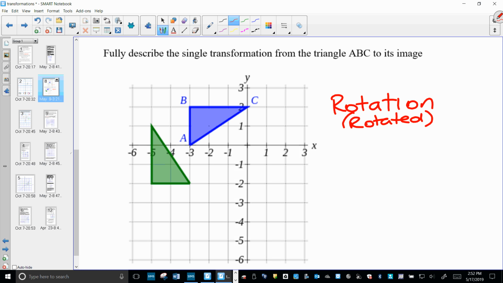Now, once we've told them it's a rotation, which information do we need to know in order to rotate something? We had to know 2 pieces of information. What do we need to know? Sarah? How it is rotated? Yes. What do you mean by how? Where the X is. What's it called?